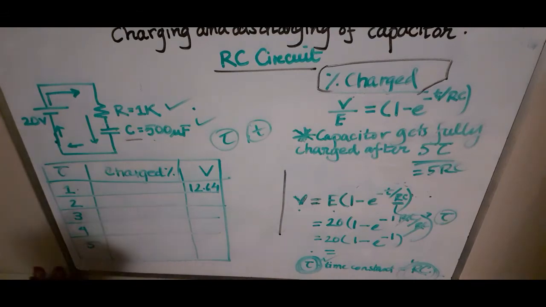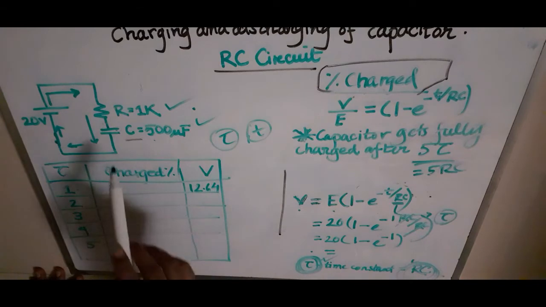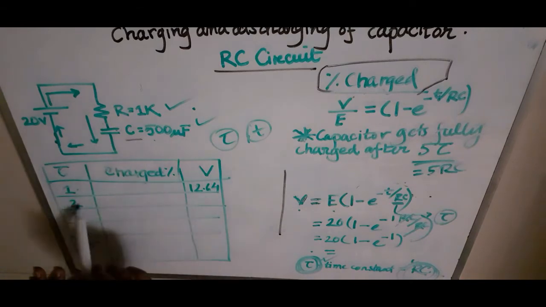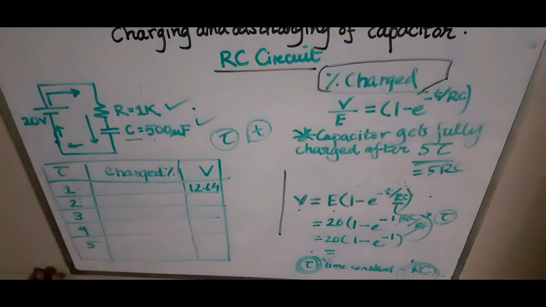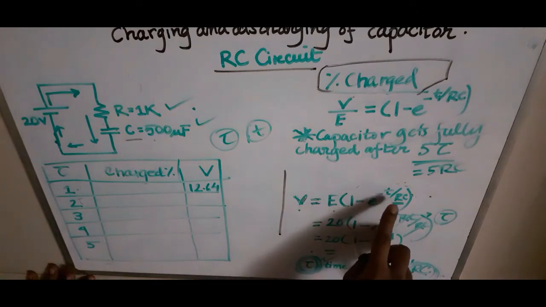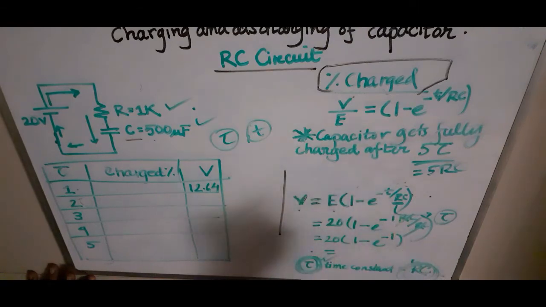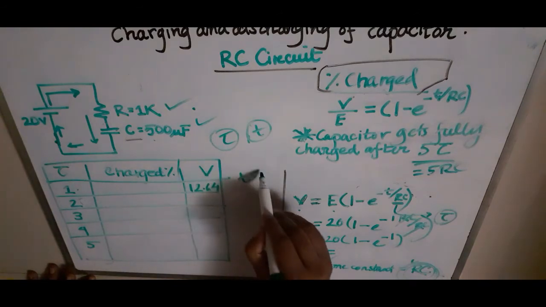So if I ask you what is the value across the capacitor after 2 time constant, or 2 tau, what will you do? You use the same equation over here, and instead of this t, you need to write down minus 2 RC. Why? Because in this case time is nothing but 2 tau.